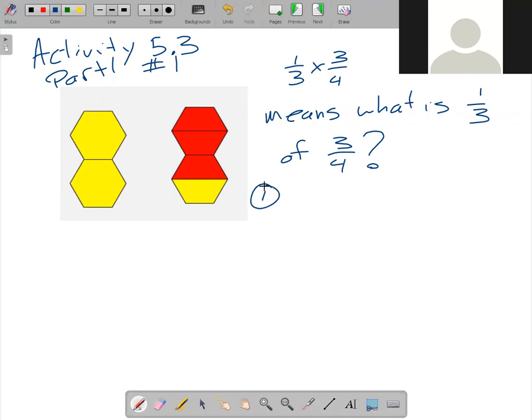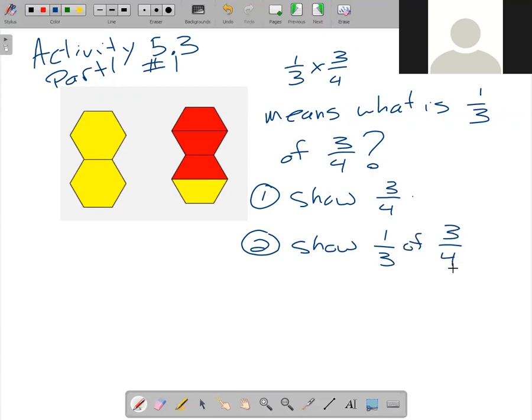And so first, we have to show 3/4. Second, we'll show 1/3 of the 3/4. Right there. That's 1/3 of 3/4.